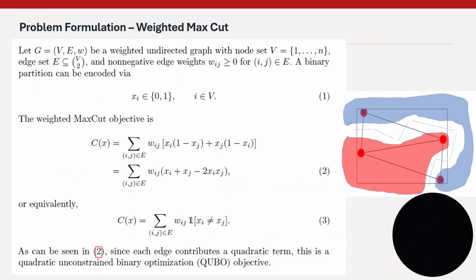We are formulating our optimization problem in terms of the weighted max cut algorithm. As you can see, this is a version of a quadratic unconstrained binary optimization problem. We have a graph in which each node represents an IP address which is attacking our honeypot, and every edge has a weighted value which is proportional to the strength of that attack, if you will.